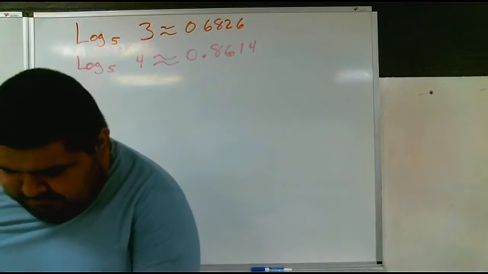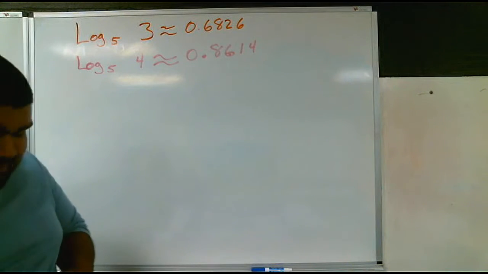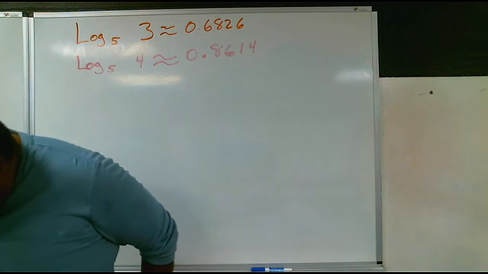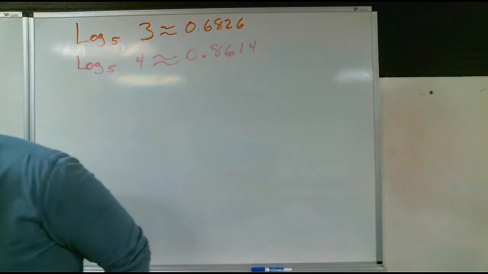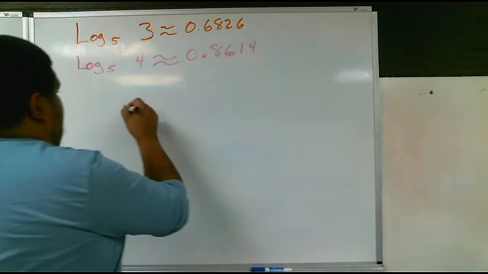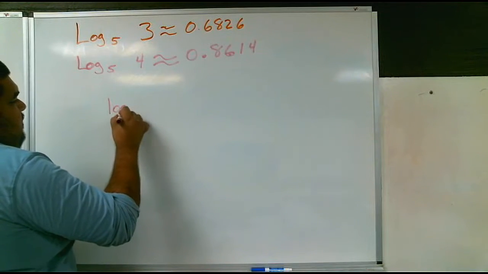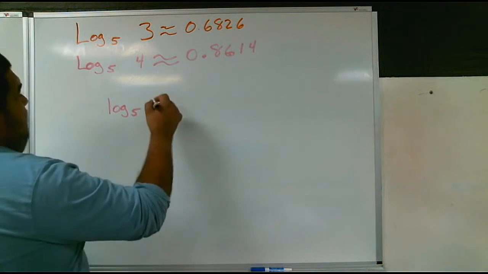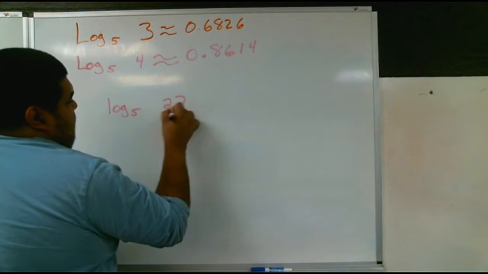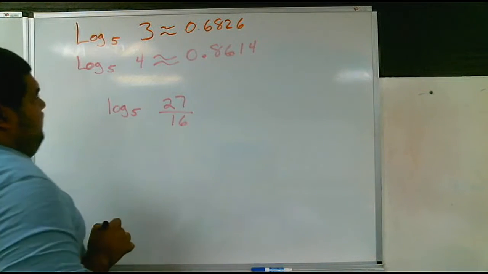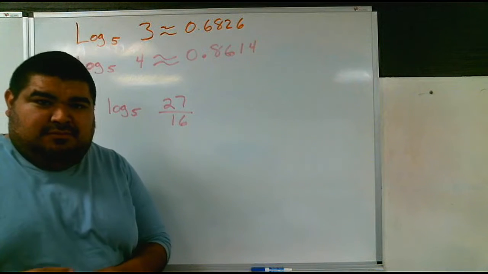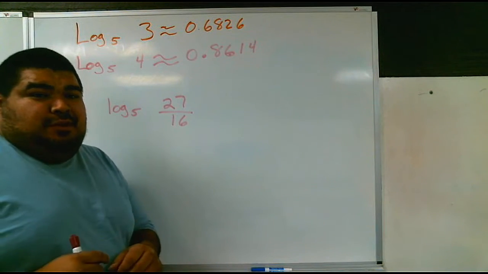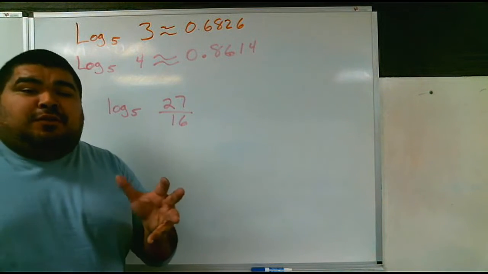All right, so this time we have log of 5, 27 over 16. Okay, I will say this. This is why I picked this one, because you have to do a little bit of both combined.